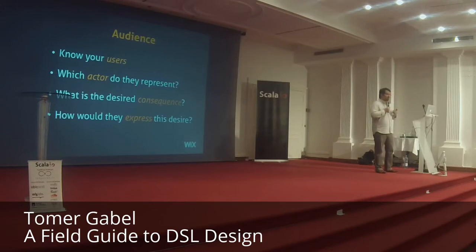And most critically, you need to put yourself in the shoes of your users and figure out how they would express this desire that they have. They're using your language, they have some consequence that they want to see happening. The whole point of a domain-specific language is to make it as easy as possible to express that desire.